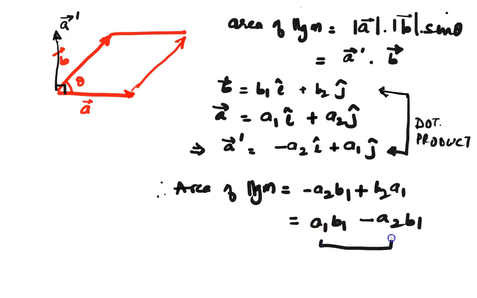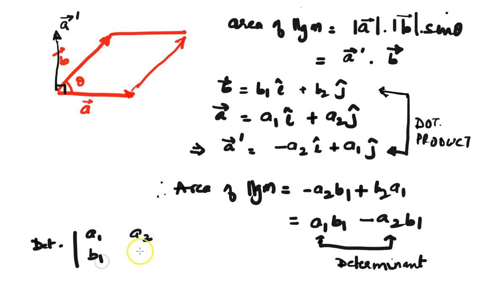There's a special name for this quantity, which we call the determinant. The determinant is defined with this symbol, a1 a2 over b1 b2, which is then solved by cross multiplication: a1 b2, and for the second term, we subtract a2 b1.